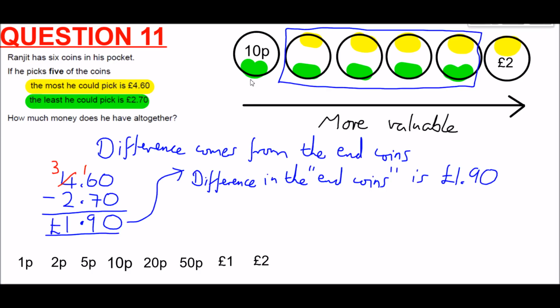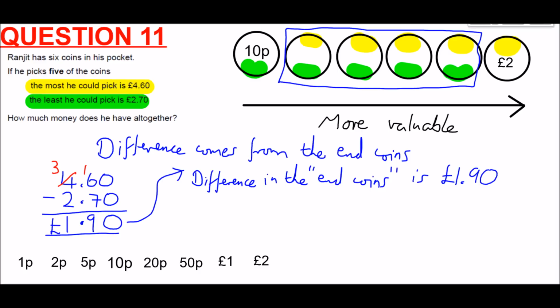So, for example, the middle 4 coins now need to add up to £2.60. So as long as we can do that, we're fine. That isn't actually needed for the question though, however. Just going back to what I've said, the middle coins would have to be £2.60, because £2.60 plus 10p gives us £2.70, and £2.60 plus £2 gives us £4.60.